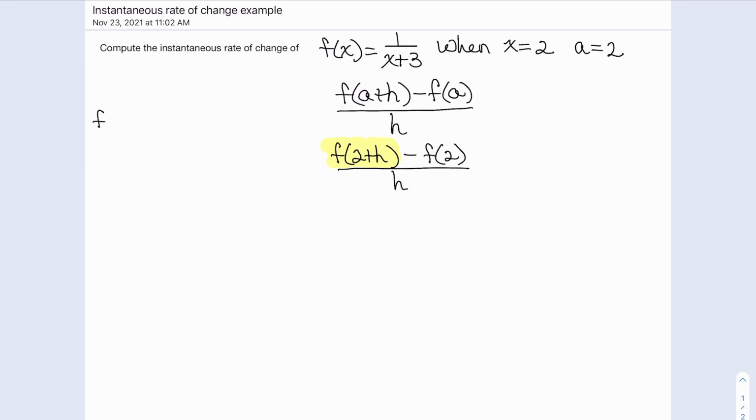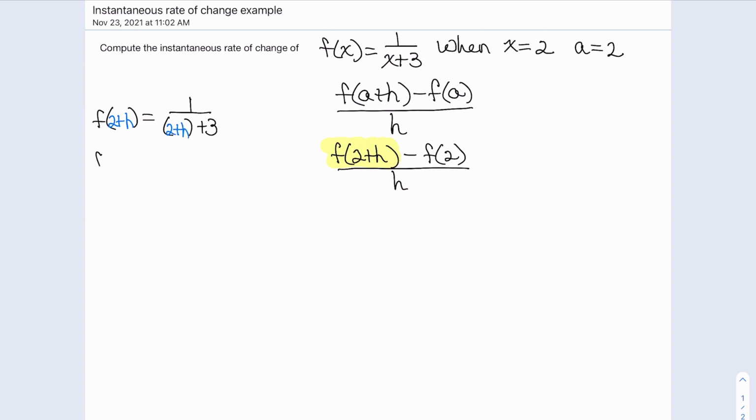Remember, to find f of something, we go to the function's rule and take out the x and put in that something. And here that something is the 2 plus h. So we are going to calculate f of 2 plus h by going to where the x's are, take that out, and put in the 2 plus h instead.